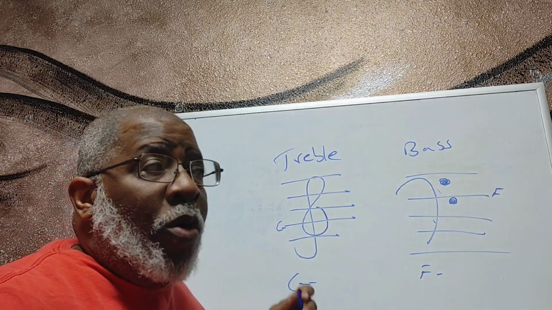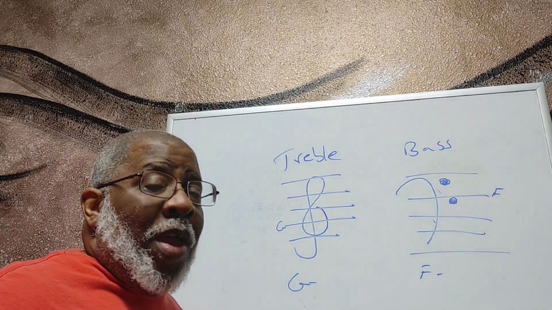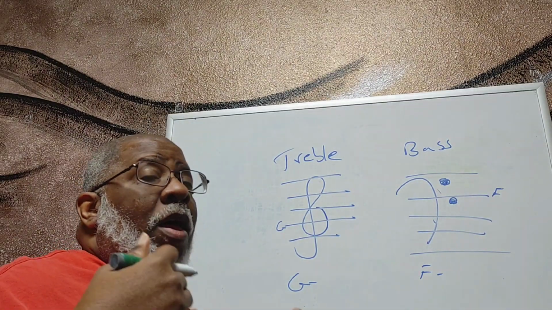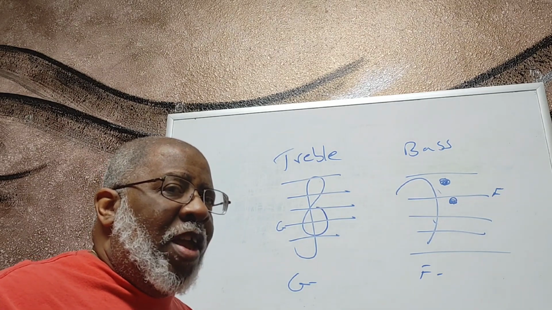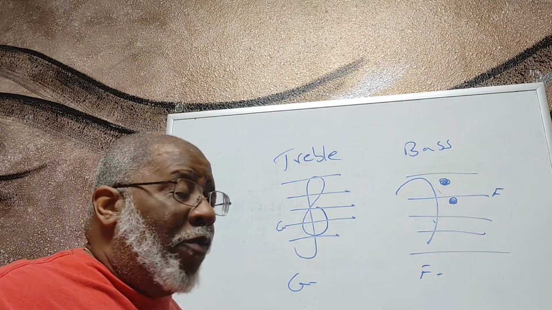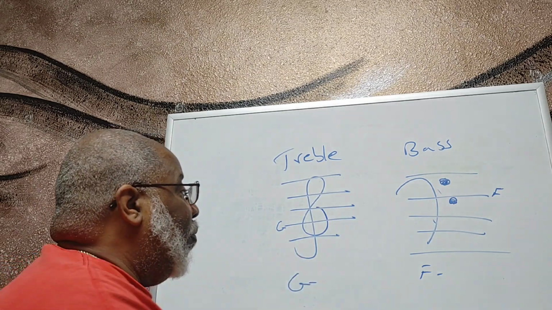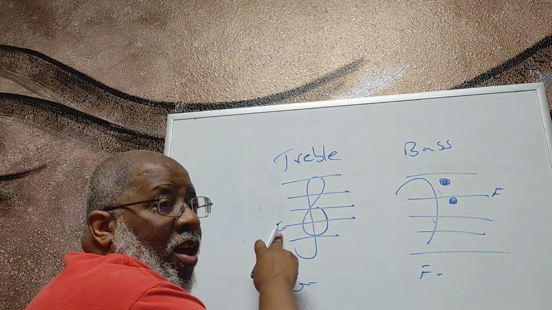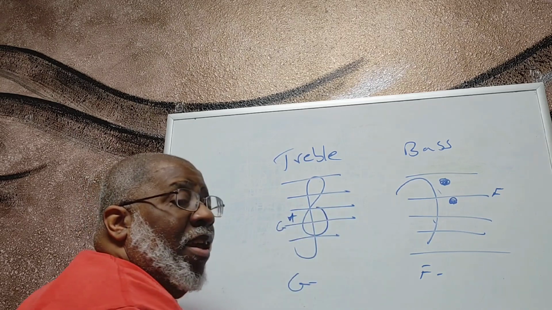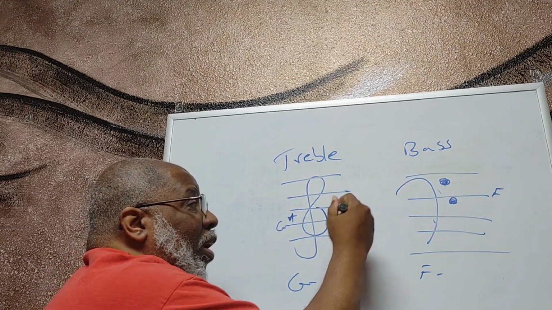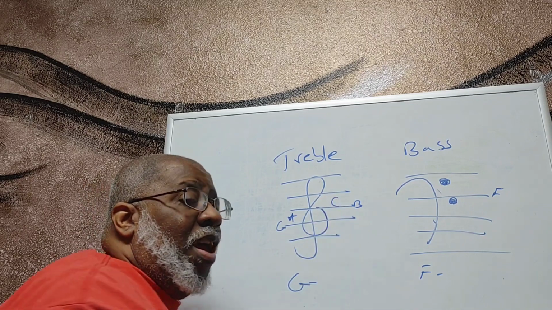And then the notes go alphabetically through the musical alphabet. G, A, B, C, D, E, F, G, A, B, C, D, E, F, G, and so on forever in both directions. So if this is G, and it is, the next space is A, and the next line is B, the next space is C, and so forth.